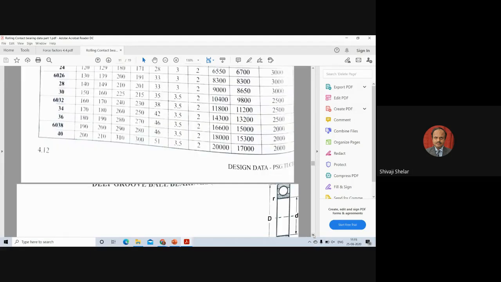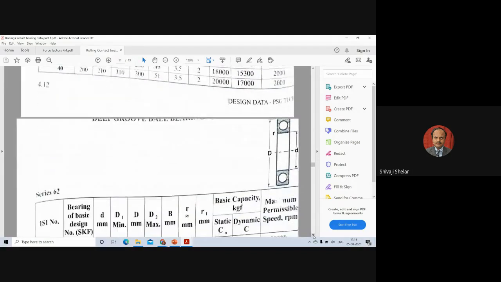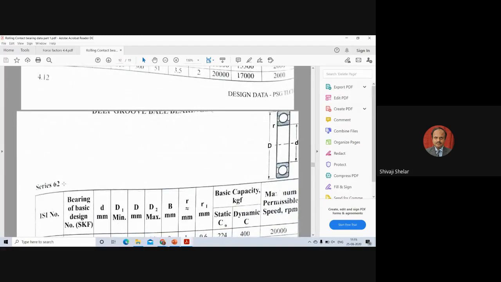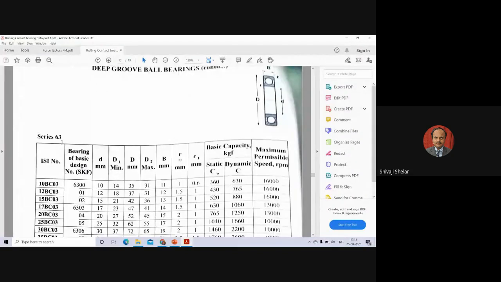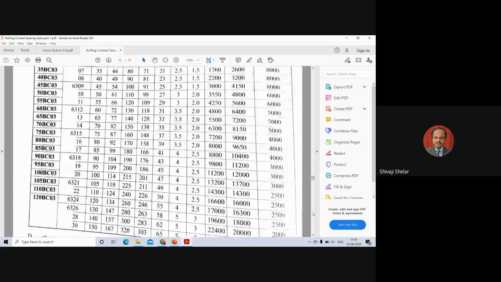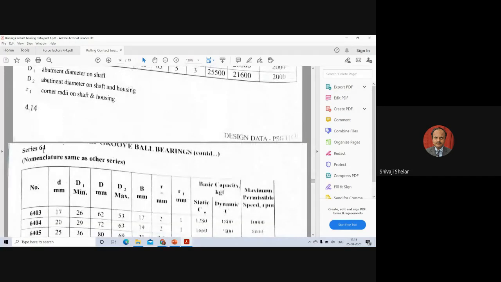Similarly, on the next page we have deep groove ball bearings of series 62. Then on the next page, we have the deep groove ball bearing catalog for the 63 series, and then the catalog for the 64 series.